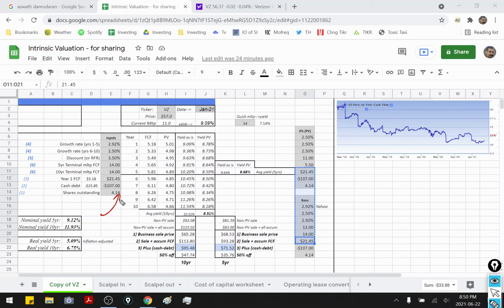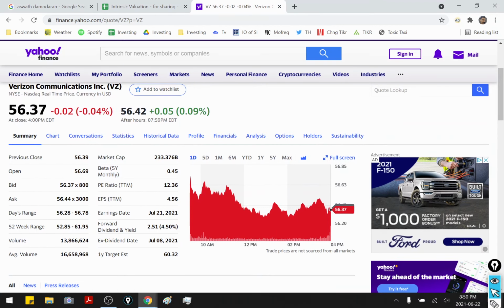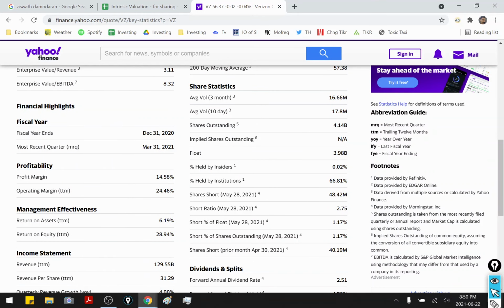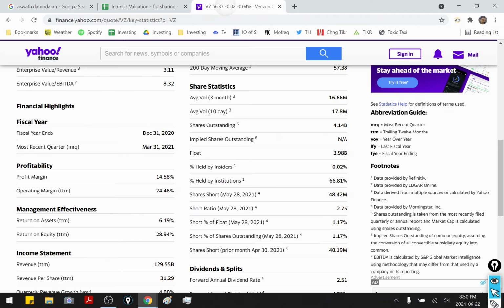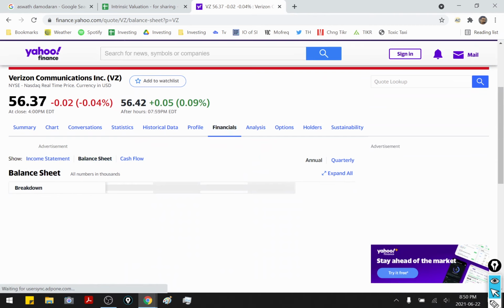First of all, put in the shares outstanding. An easy way to find it is through a simple company page like Yahoo, and you can find shares outstanding right there, and in it goes. The next thing is you want to find their net cash position. For that, you can go to their financials, balance sheet.